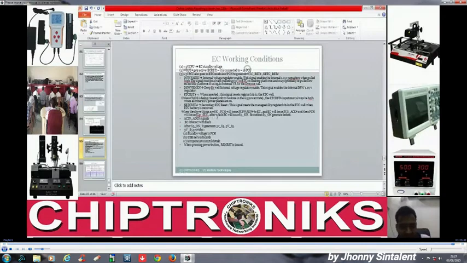And where the notebook motherboard has implemented the DPS5 function, we also have to see sus warn, sus ACK, and SLP underscore sus. We'll also discuss these three things in our very next class.